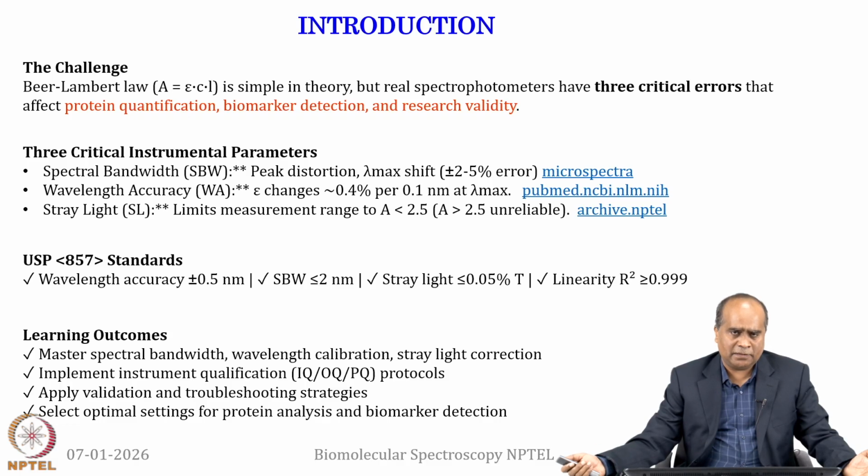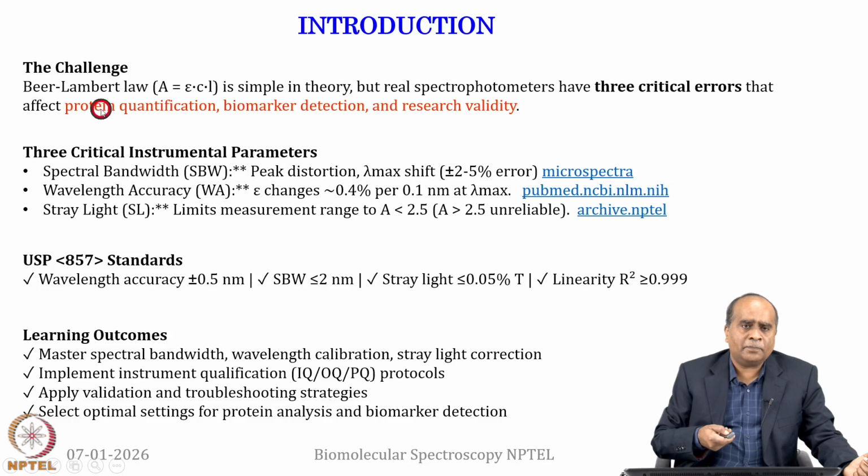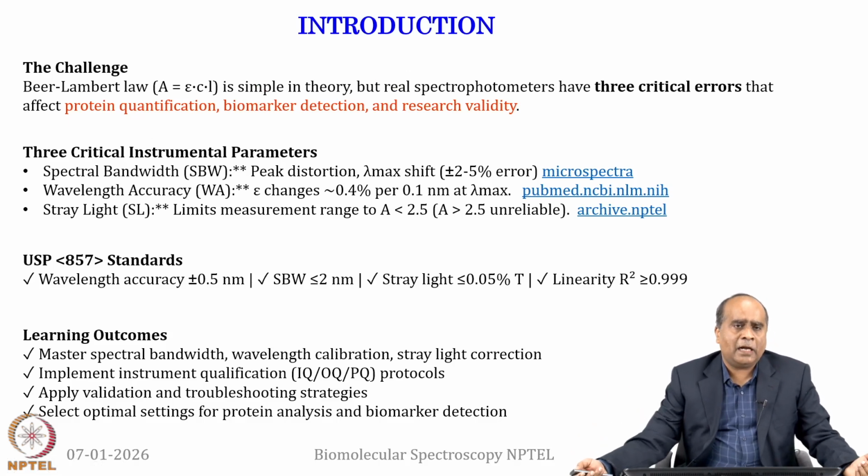It is a simple theory, but if you look at real spectrometers, even in this simple theory there are three critical errors that can come and affect protein quantitation, biomarker detection and research validity.